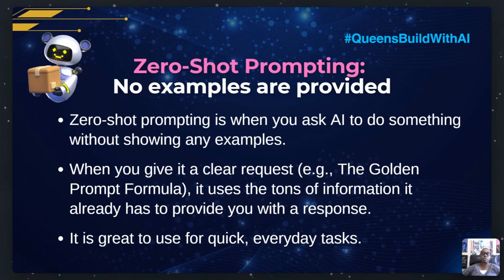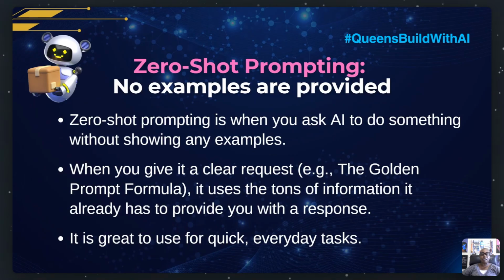Let's talk about zero shot prompting first. Again, this is when you give an amazing golden prompt formula prompt, but you don't provide any examples to AI. That way, it doesn't really know what you want your output to look like.